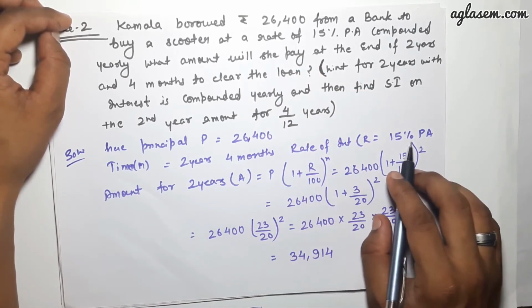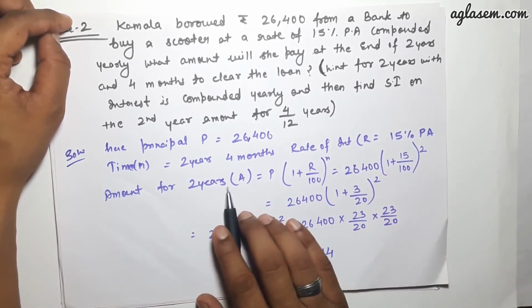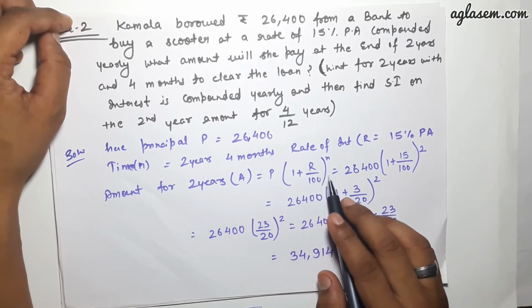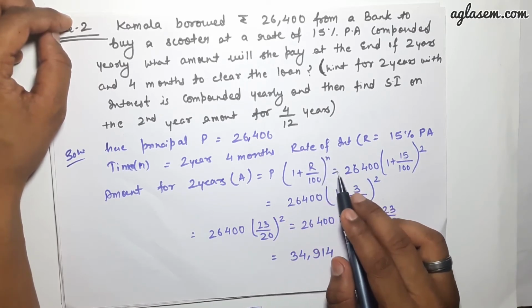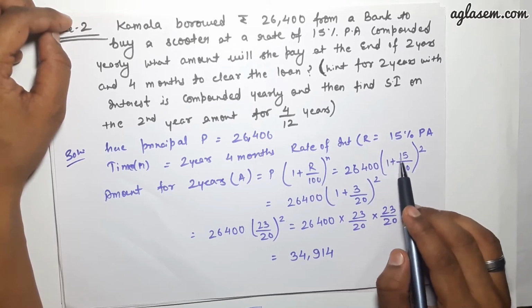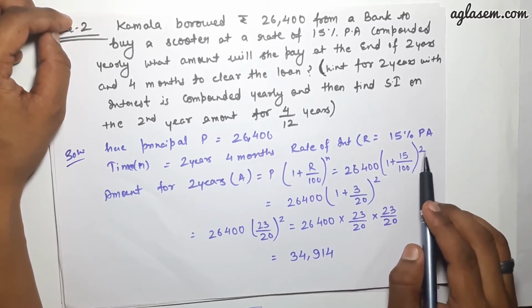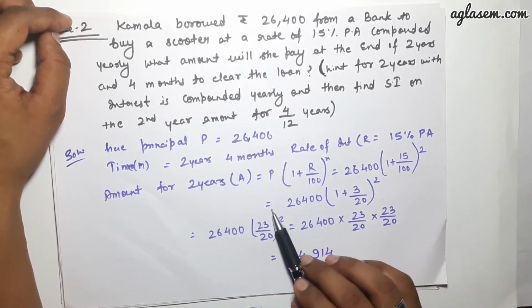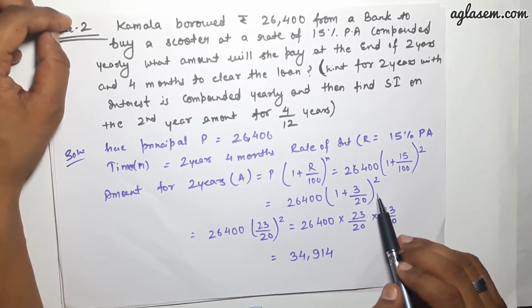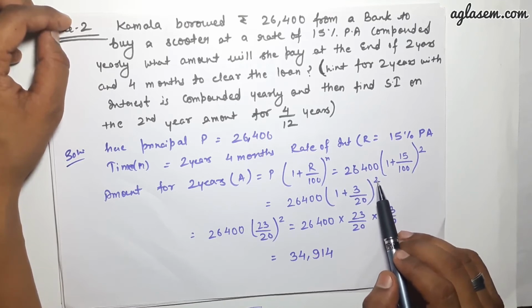Rate of interest is 15% per annum. Amount for 2 years is A equals to P. Let's put the formula (1 plus R upon 100) to the power of N, which is 26,400 (1 plus 15 upon 100) to the power of 2, that is time. So let's solve this. 26,400 (1 plus 3 upon 20) to the power of 2.